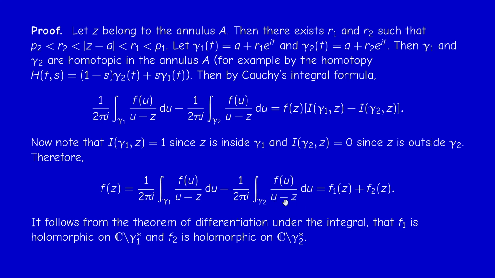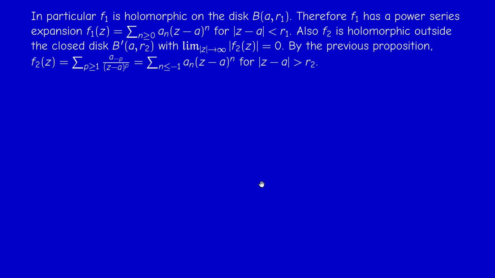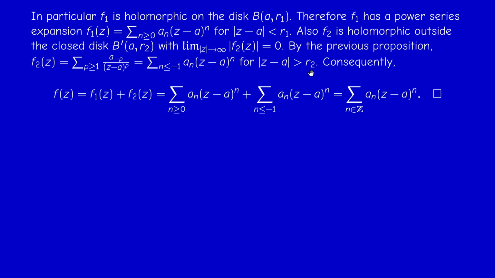It's not difficult to prove. Therefore, by the previous result, I can expand f2 in a Laurent series with negative powers outside the disk. If I combine these two results, I get a Laurent series expansion of f. The regular part comes from f1, and the singular part comes from f2. And that's it.